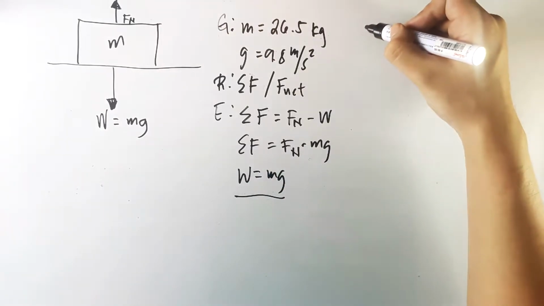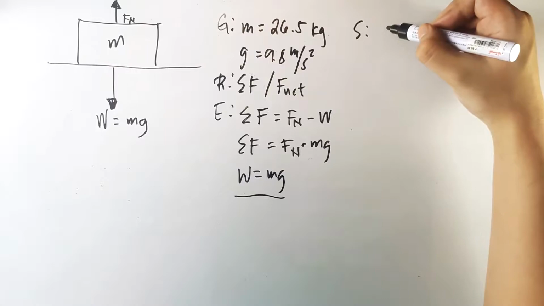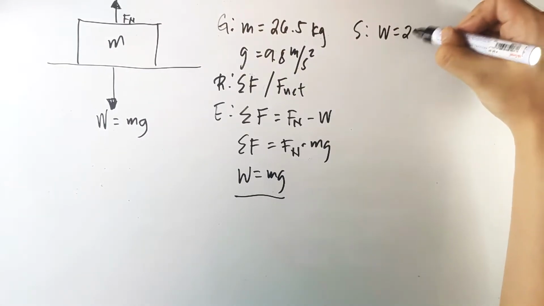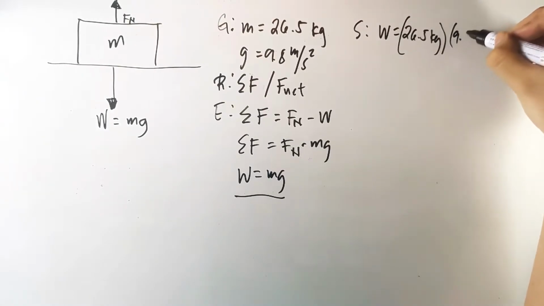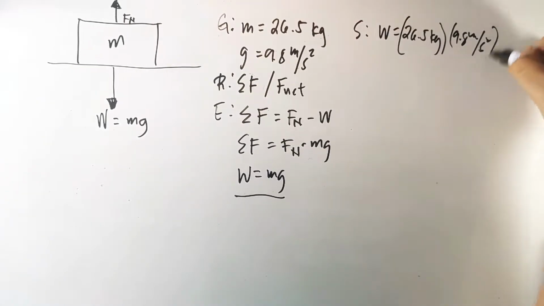So W is equal to 26.5 kg times 9.8 meters per second squared.